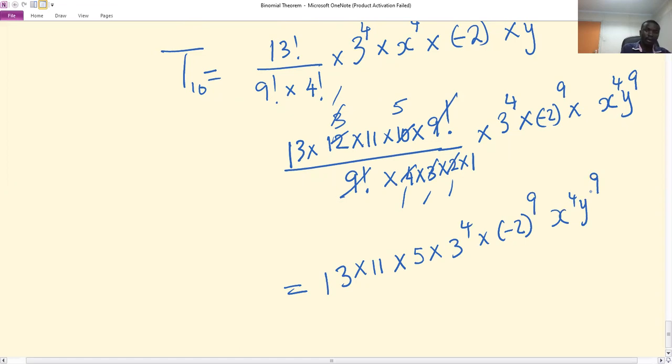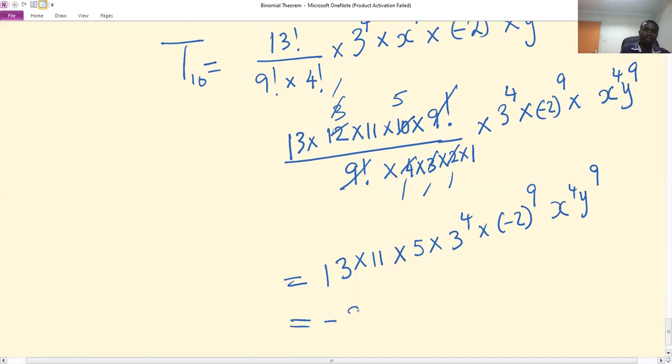So 13 by 11 by 5 by 3^4 by minus 2 raised to the power 9 gives us negative 29,65,24,80 x^4 y^9.